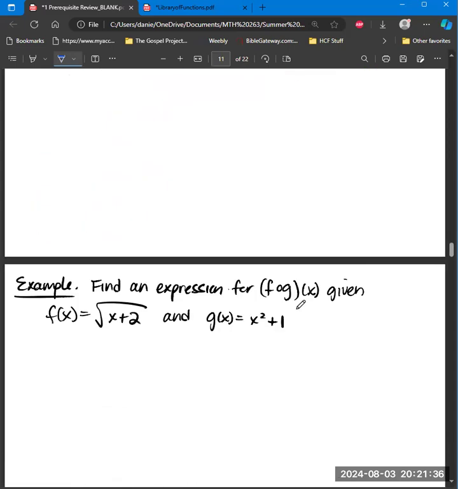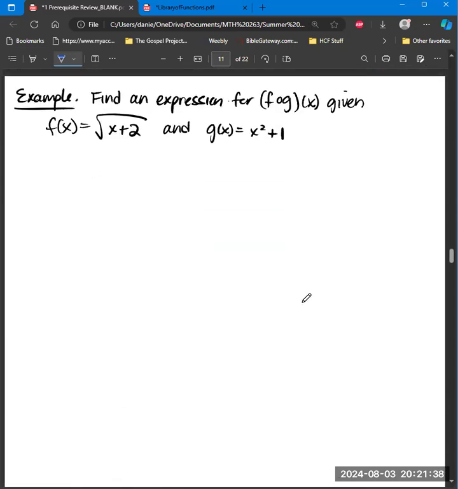Let's look at another example here where we find an expression for f of g of x. F of x is equal to the square root of x plus 2, and g of x is equal to x squared plus 1.